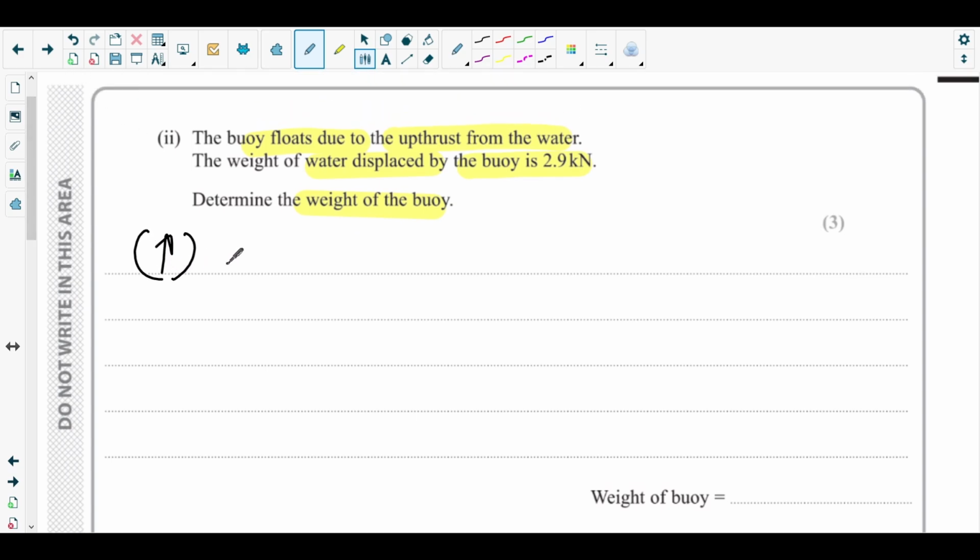The upthrust is the weight of the displaced fluid, which is 2.9 kilonewton, so 2.9 times 10 cubed Newton.